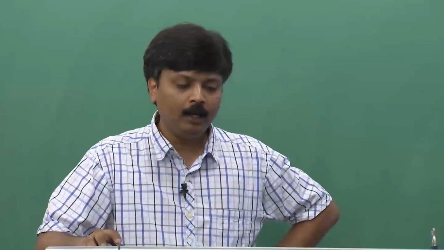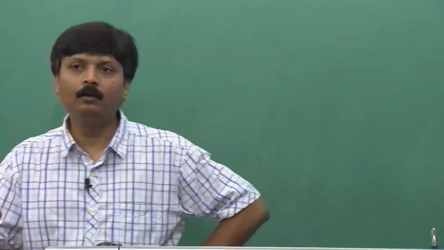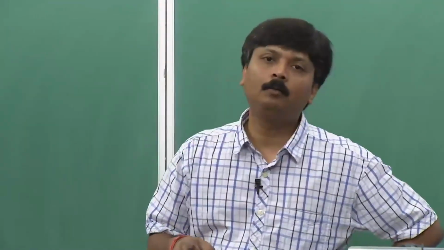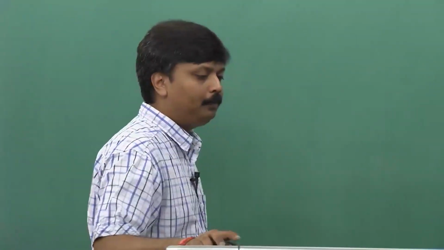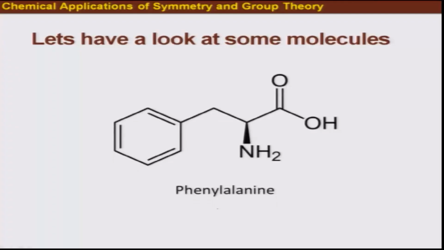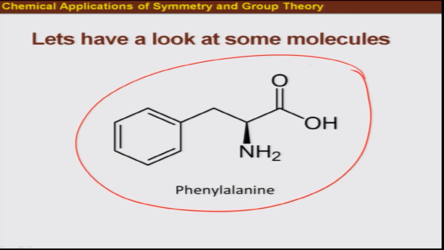architectures. Now ultimately we are going to deal with the symmetry of molecular systems, right? So let's have a look at certain molecular structures, and then let's see if we can comment about their symmetries. Let's have a look at a molecule called phenylalanine. So this is phenylalanine. It's an amino acid. Now for a second, forget this part.